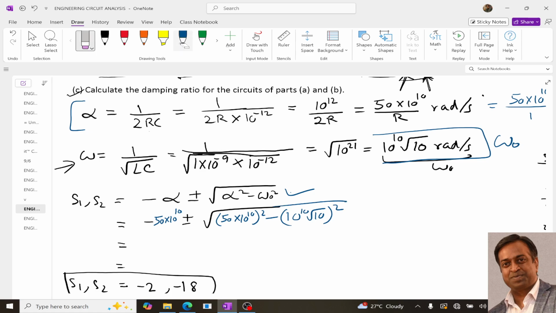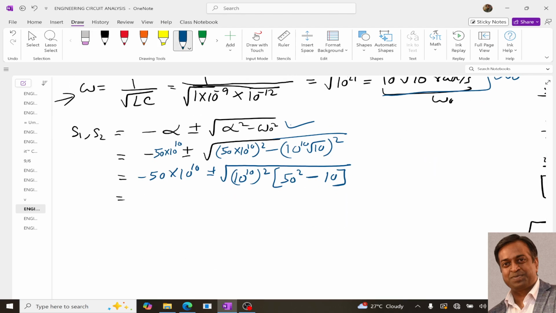So we get minus 50 into 10 power 10 plus minus, and we can take 10 power 10 common out of the square root, so it is 10 power 10 under root of 50 squared minus 10.